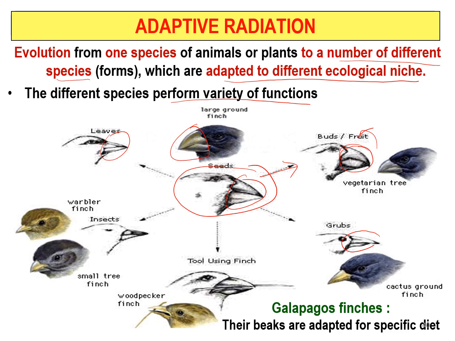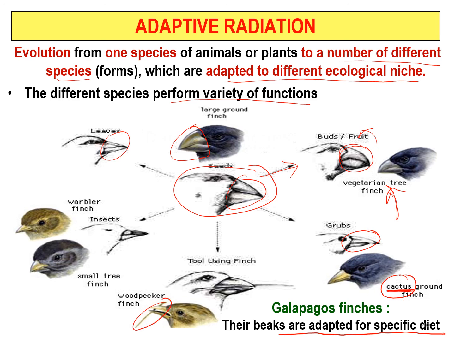The second type of beak eats on cactus. Dia makan benda yang berbeza pula daripada yang vegetarian tadi. So itu yang dikatakan ecological niche difference, because their beaks are adapted to a specific diet. This one is the woodpecker finch.